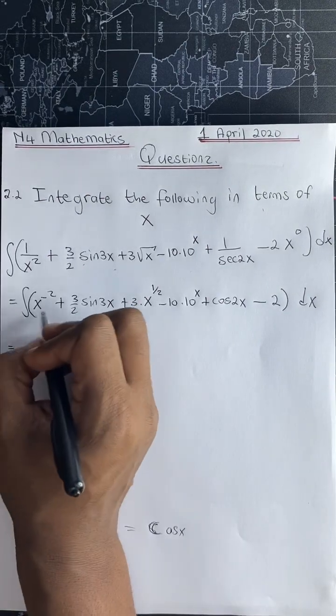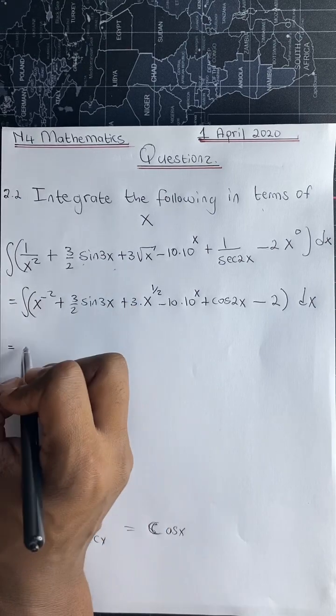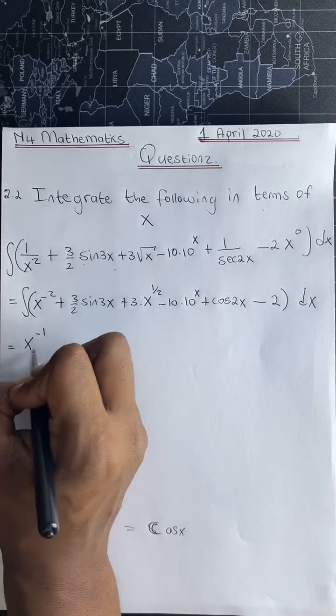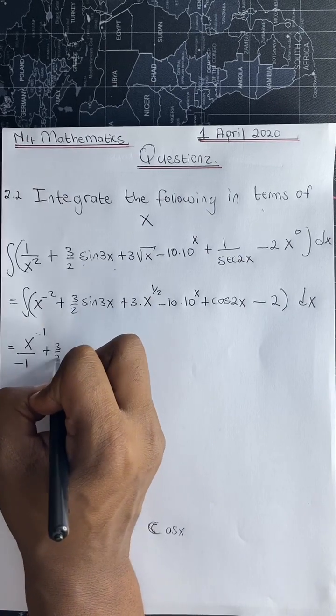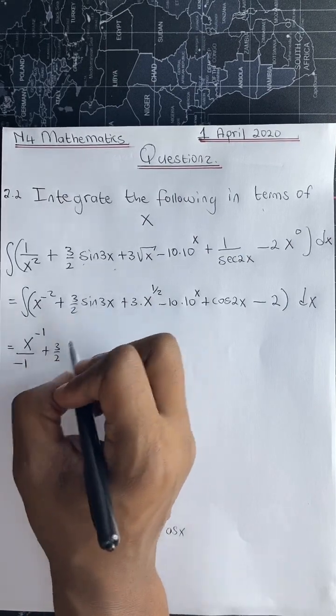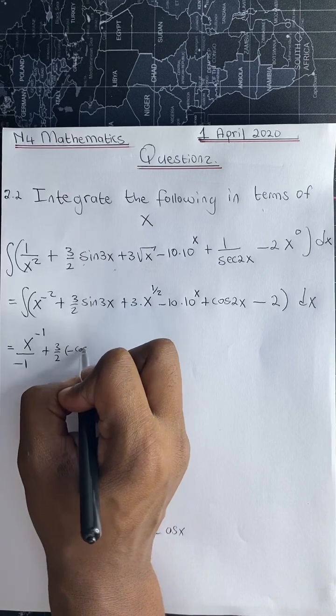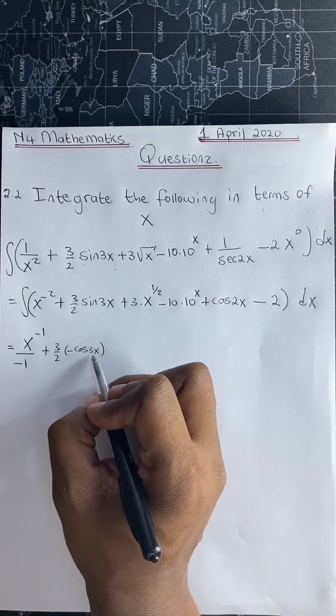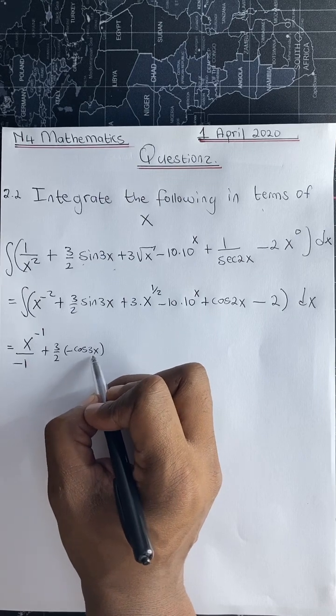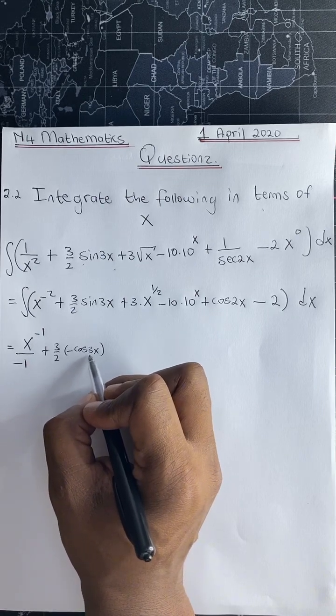From here we integrate. The integral of x raised to the power negative 2 will be equal to x raised to the power negative 1 divided by negative 1, plus 3 over 2. The integral of sin 3x is equal to negative cos 3x. According to the chain rule, we also have to divide by the derivative of 3x.